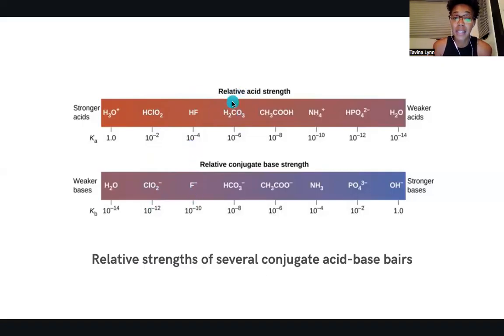Carbonic acid, conjugate base is bicarbonate or hydrogen carbonate. Acetic acid, its conjugate base is acetate. Ammonium, conjugate base is ammonia. Hydrogen phosphate, conjugate base is phosphate ion.